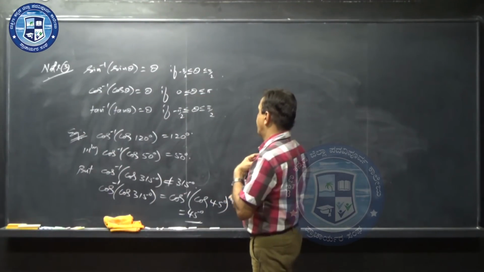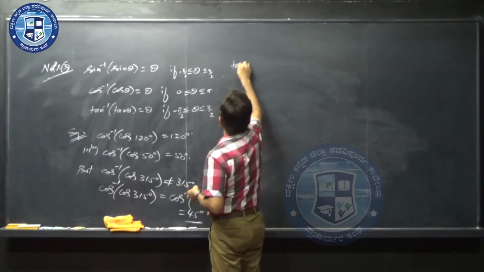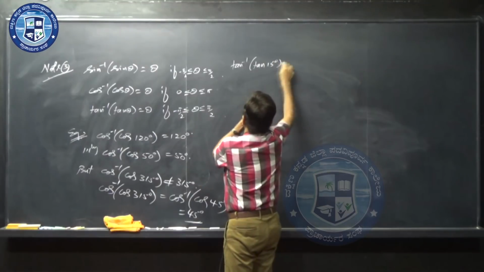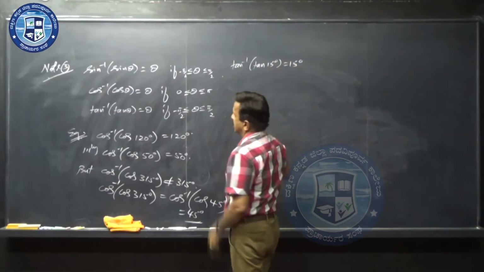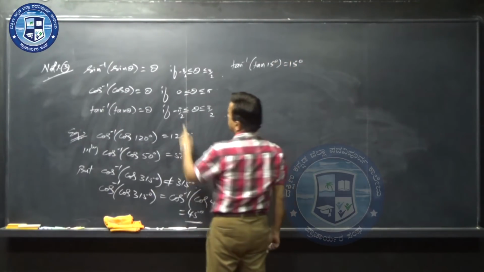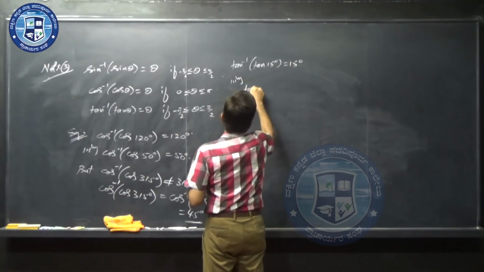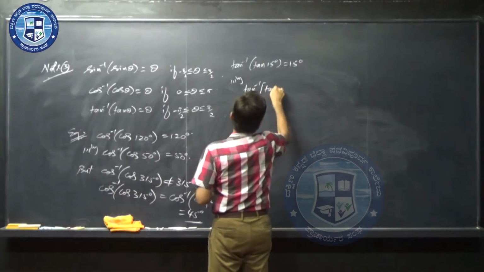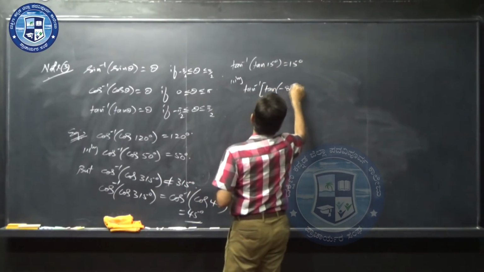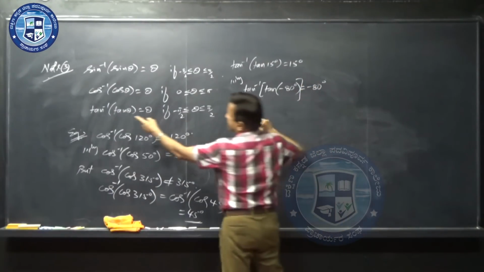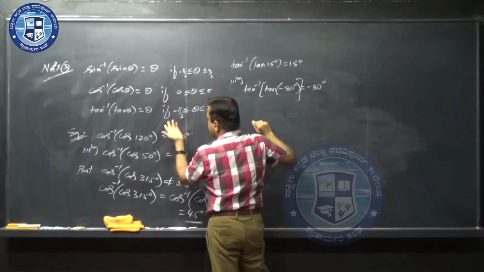Next, tan inverse of tan 15 degree is equal to 15 degree only, because 15 degree is well between minus 90 and plus 90. Similarly, tan inverse of tan of minus 80 degree, the answer is minus 80 degree, because the answer of tan inverse can be between minus 90 and plus 90.